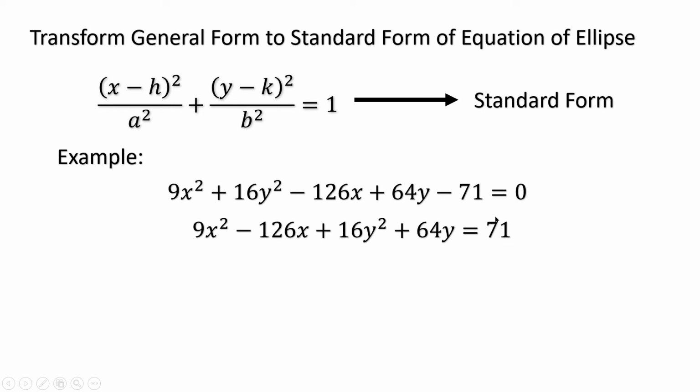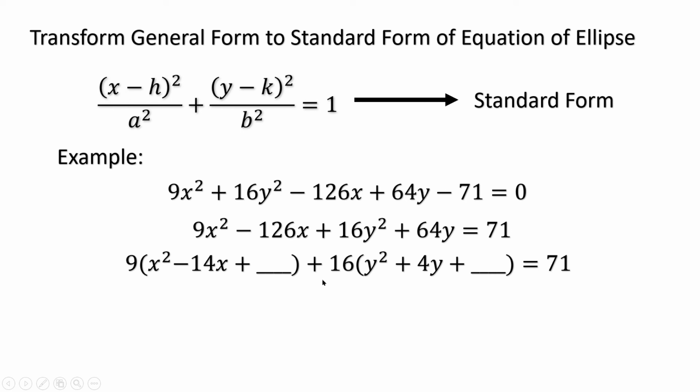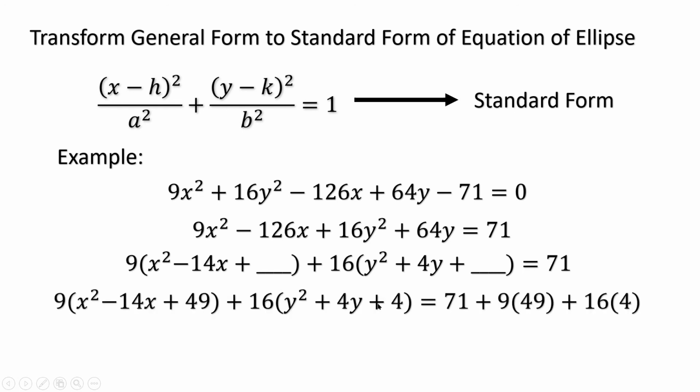We added 71 to both sides of the equation. Then we factor out the common factor in each of the groups, and we leave a space after this for the next step. After factoring, we complete the square in each trinomial.